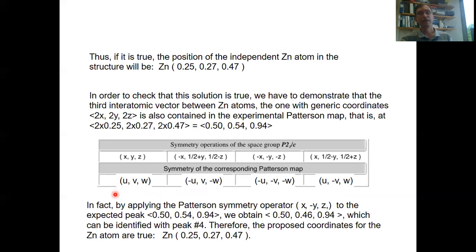It is just that the translational symmetry elements are being removed. So for any position UVW, due to the inversion center, we also have an equivalent position U minus V W.